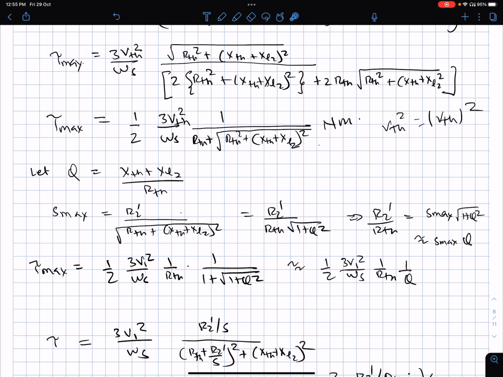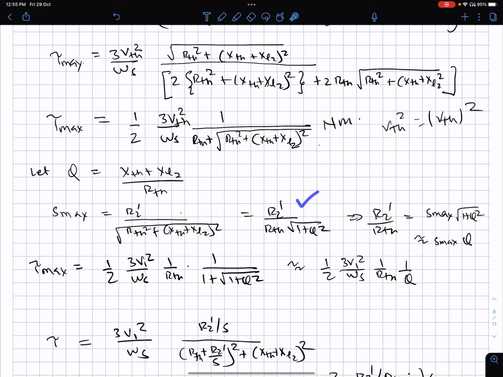So then this square is left out here. So now the plus has to be. So then R Thevenin can be taken out common here.